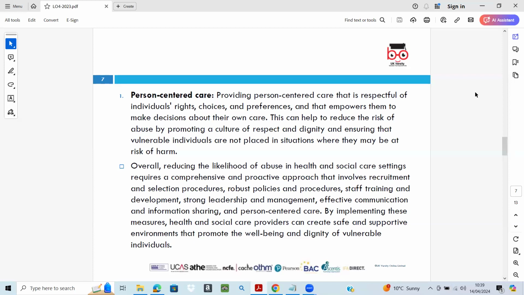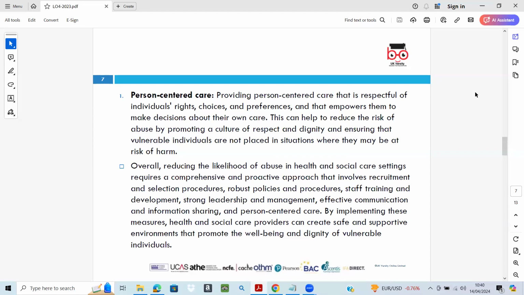Then, robust policies and procedures that provide clear guidelines and expectations, and staff training and development to equip our teams with the knowledge and skills needed to identify and respond to abuse. Strong leadership and management, as we discussed earlier, are essential for fostering a culture of safeguarding, where practices are supported and prioritized at all levels.